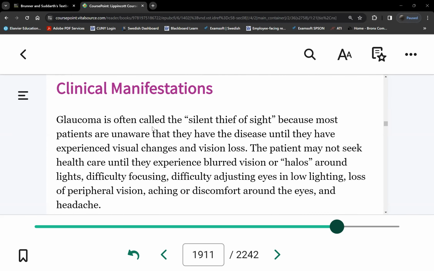The patients here have no eye pain, so there is no warning. That's why they call it the silent thief of sight. So equivalent to hypertension. Does hypertension also have signs and symptoms? None. Okay. Most people with hypertension have no signs and symptoms unless the blood pressure is already over 200 or even higher.